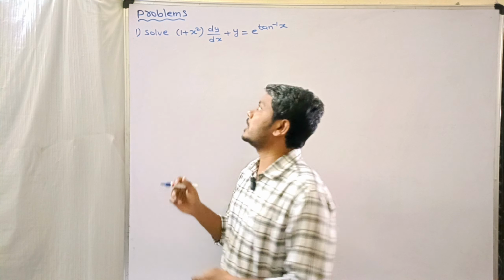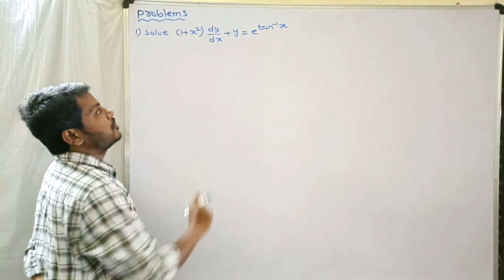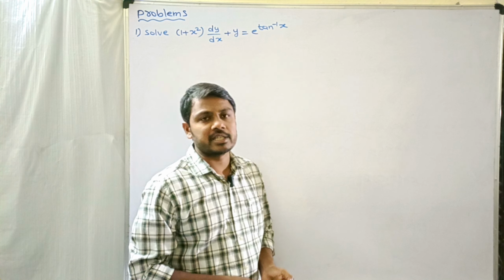Without delay, coming to the topic, solve (1 + x²) dy/dx + y = e^(tan⁻¹x).